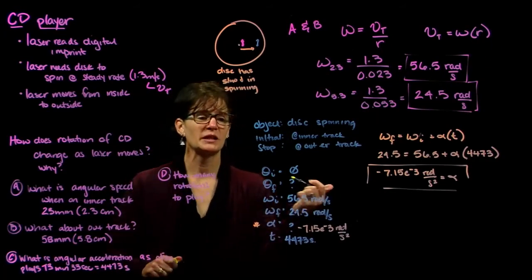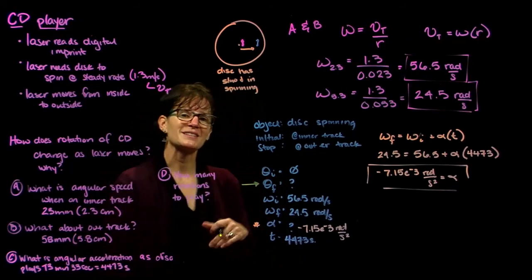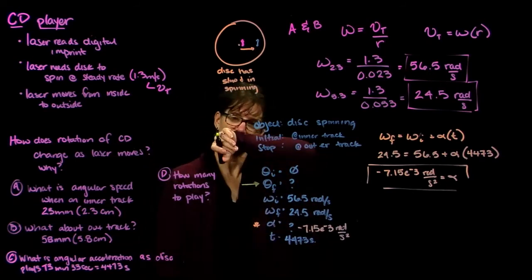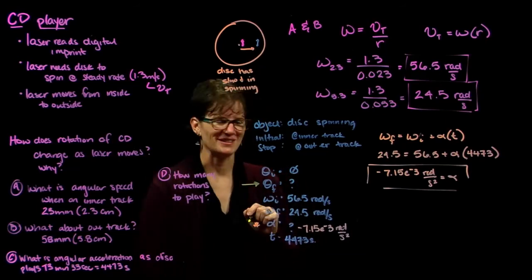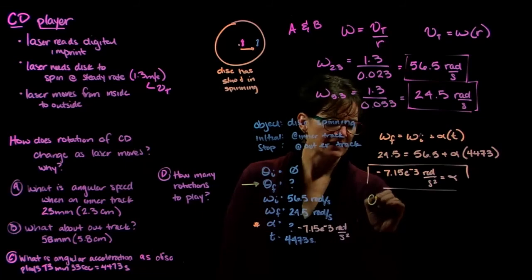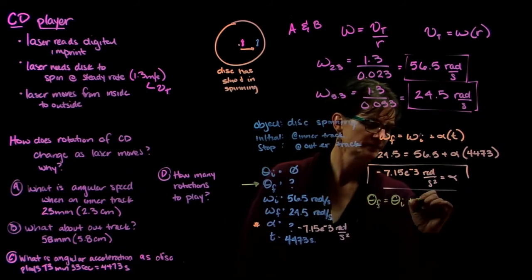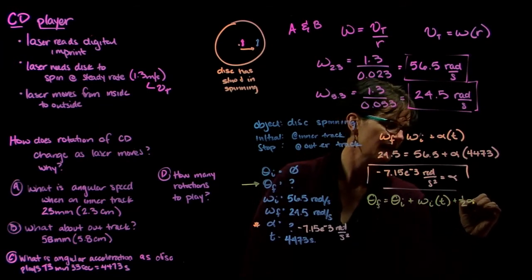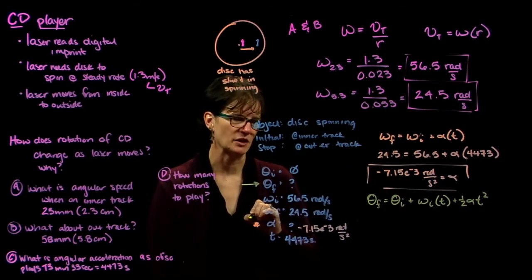And I'm still working in the world of radians, so I'm going to first go after what its final angular displacement is, and then make that conversion to revolutions. All right, so we know that theta final is equal to theta initial plus omega initial times time, plus 1/2 alpha times time squared. So again, our analogous kinematics equation.